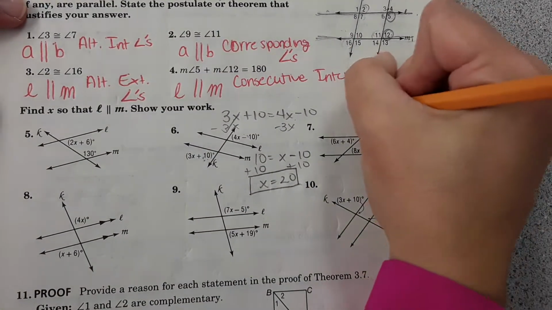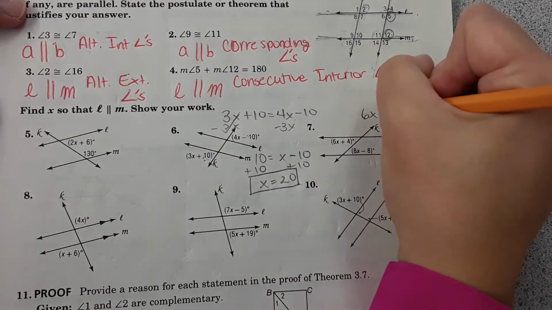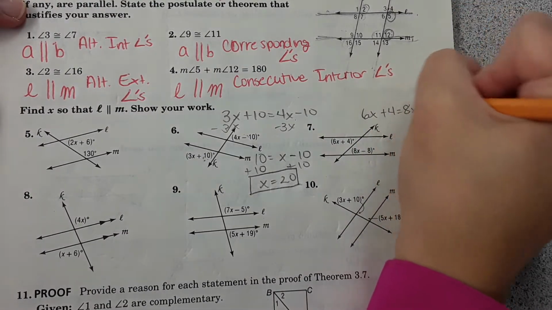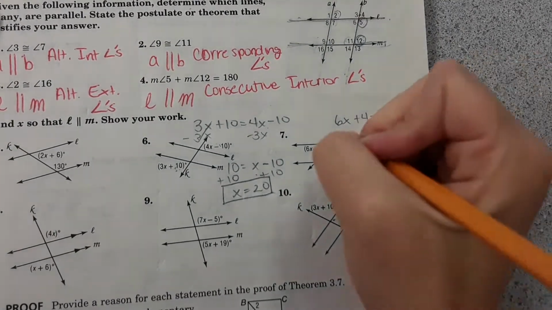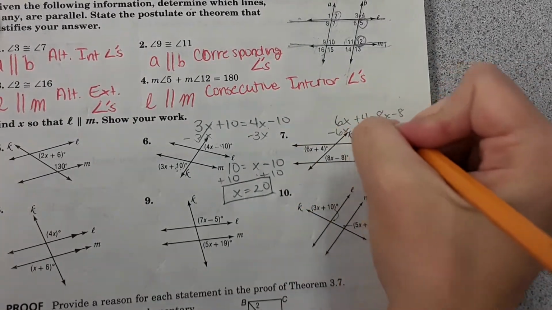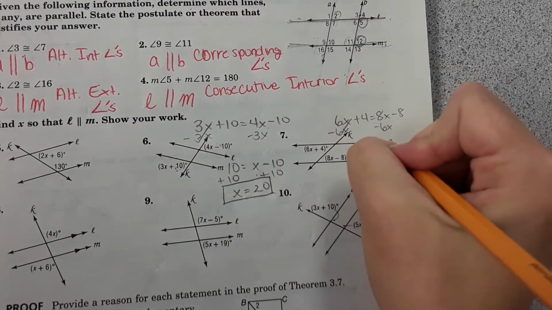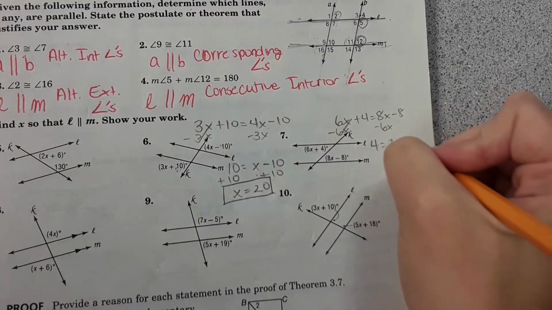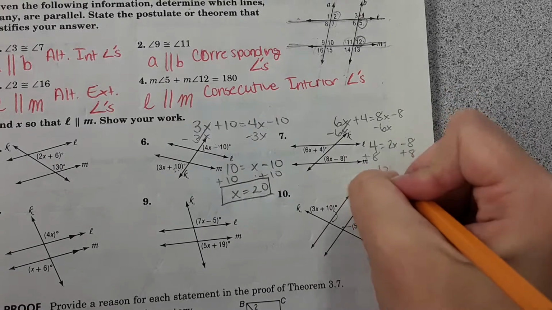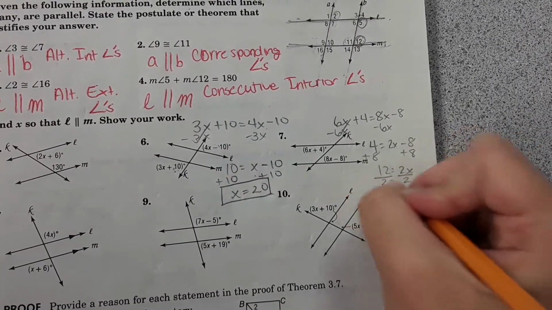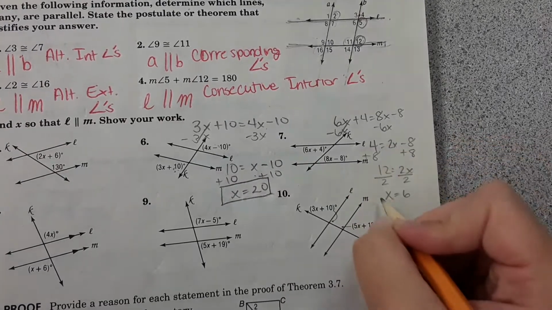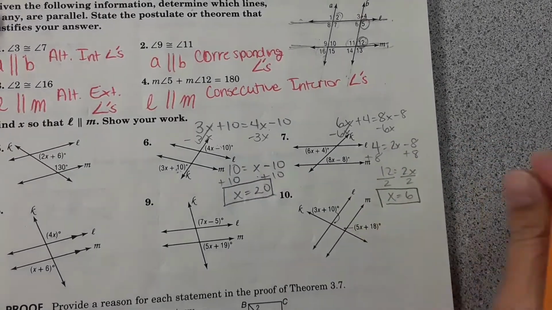So again, I'm just going to set these equal to each other. 6x plus 4 equals 8x minus 8. And then solve for x. And I get x equals 6.